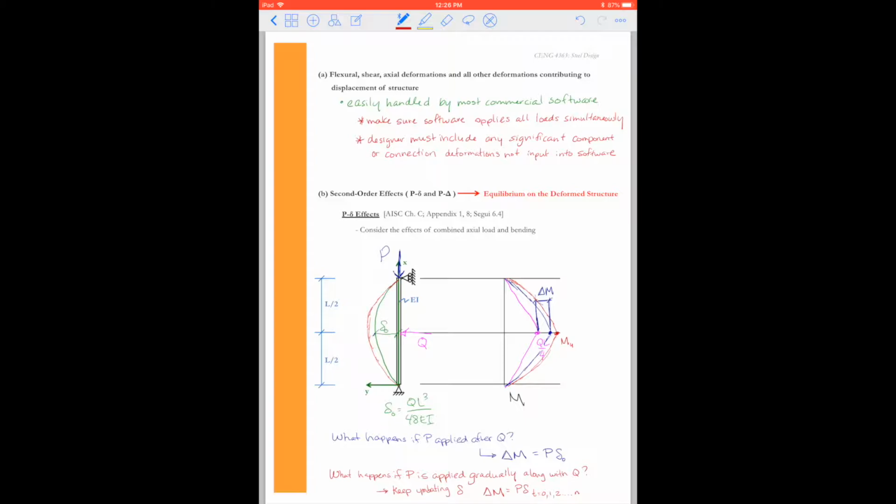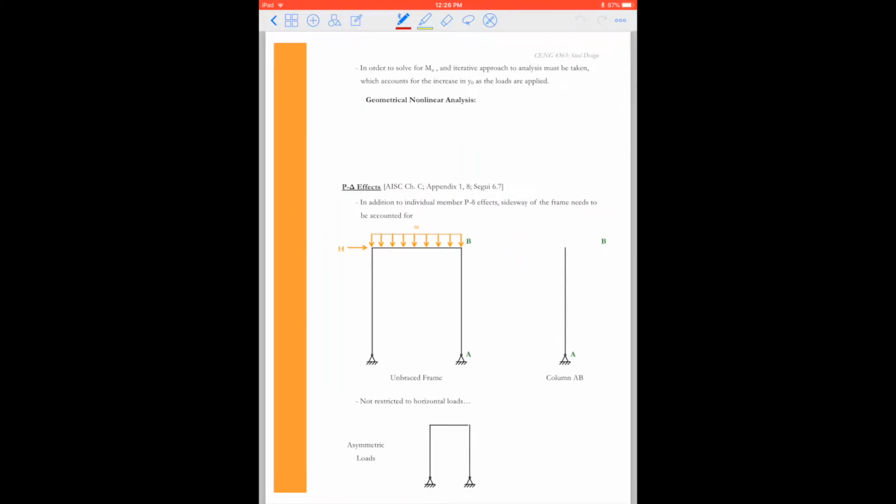All right, now we have not just these member imperfections that lead to additional displacements, but we also have system imperfections that need to be accounted for. And that's going to be the P big delta. When we look at P big delta, I want you to think about the sway of this frame. This is an unbraced frame, or a moment frame. Imagine we put the load here and we have this force.